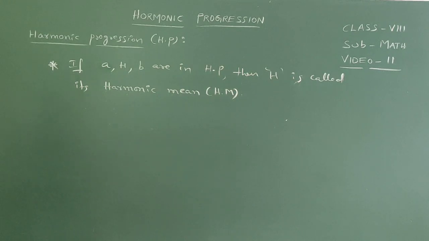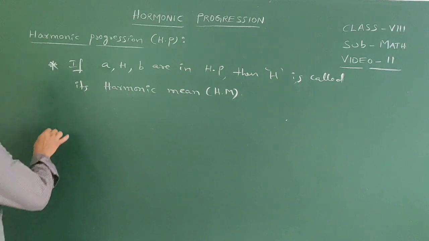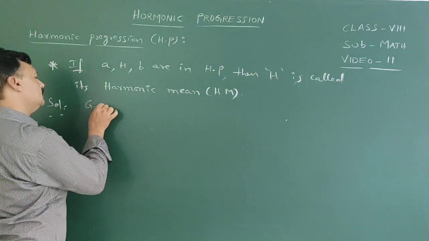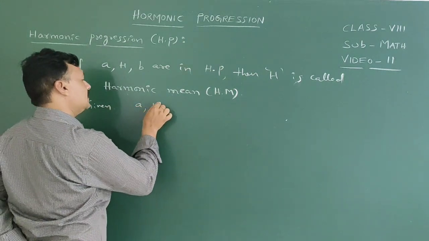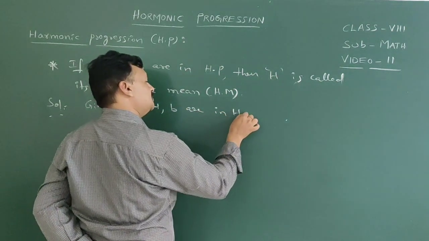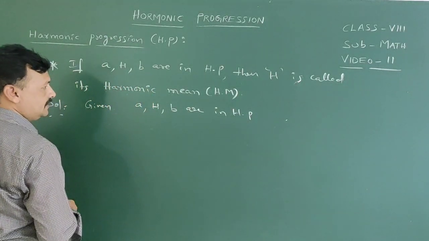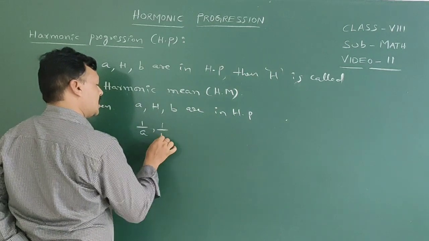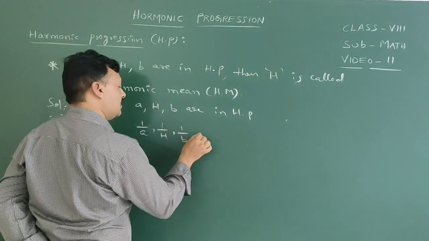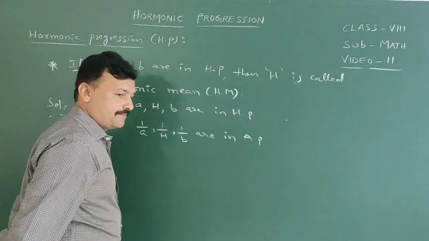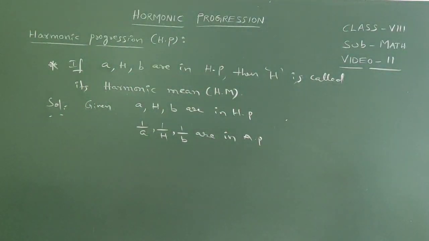Then find its harmonic mean. They asked me like this. Given A, H, B are in HP, inverting terms, 1 by A, 1 by H, 1 by B are in AP. These three quantities are in AP.